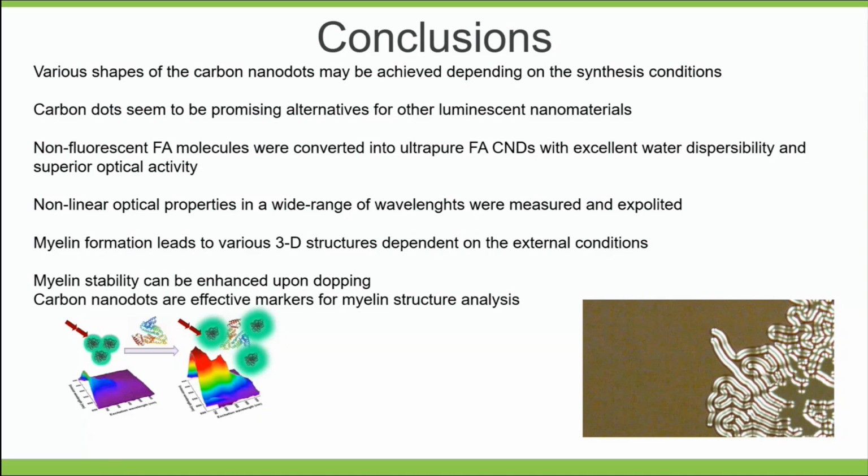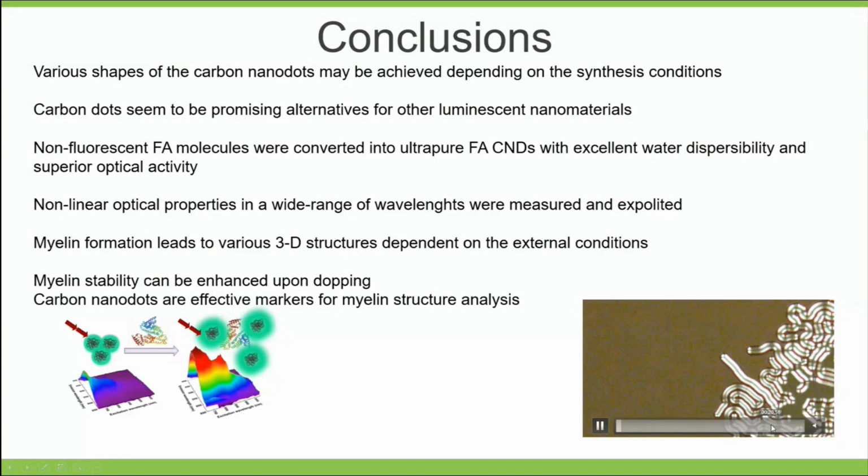Non-linear optical properties in a wide range of wavelengths were measured and exploited for bioimaging, as well as I wanted to show you the myelin formation to various 3D structures depending on the external conditions, and myelin stability can be enhanced upon doping with the carbon nanodots. And here you can see how the formation of the myelin goes on.